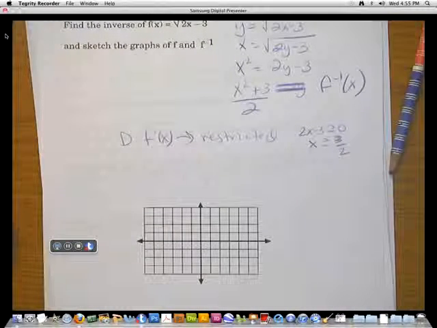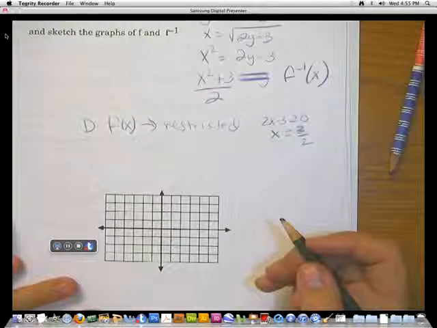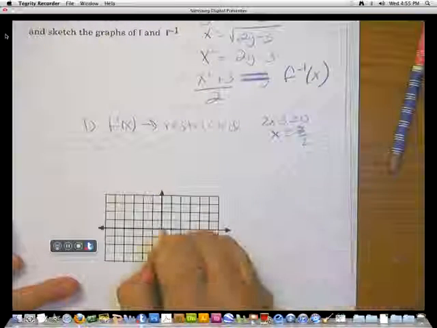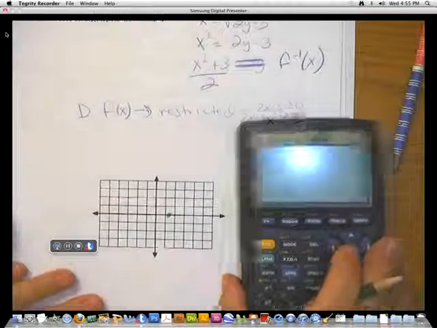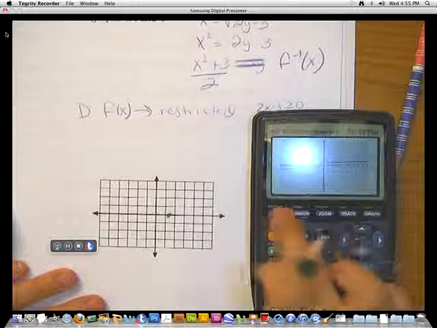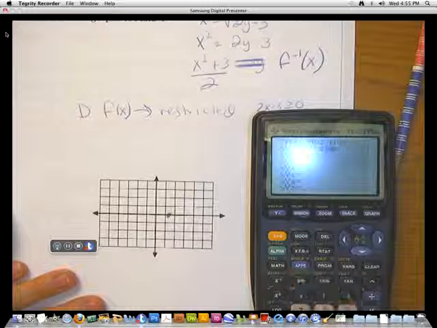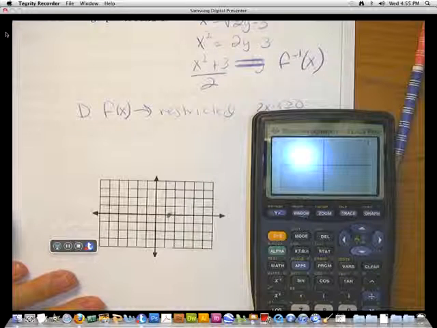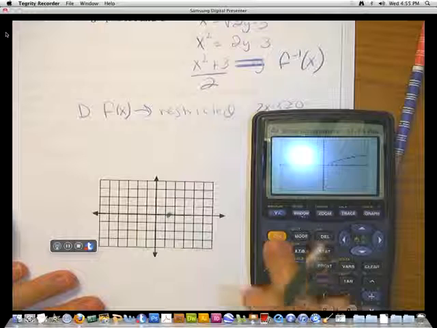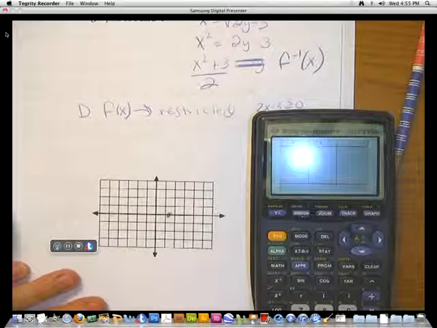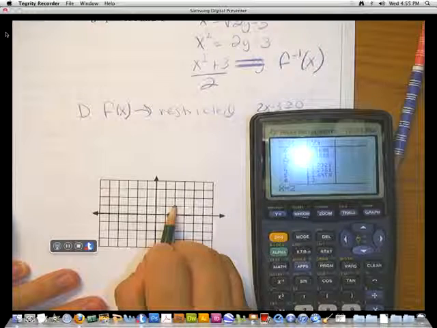So let's look at the picture of the original f of x. It started at 3.5, and let's see if we can get a little bit more accurate points. Square root of 2x minus 3. It is going to start at 3/2, or 1.5. I'm going to go to my table just to get some exact points. The value of 2 gave me the value of 1.